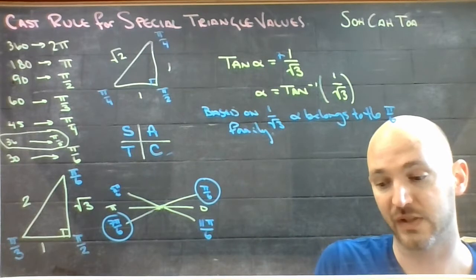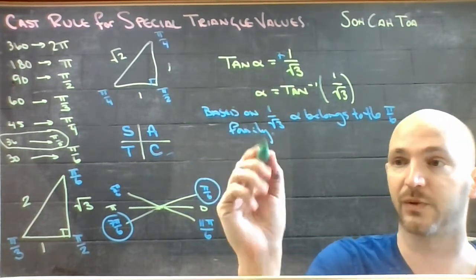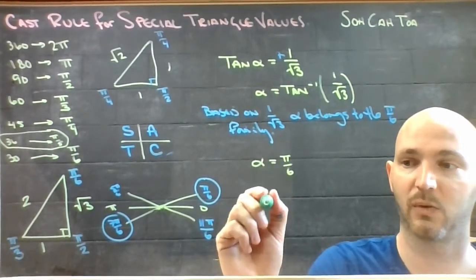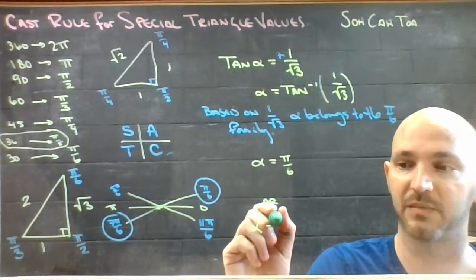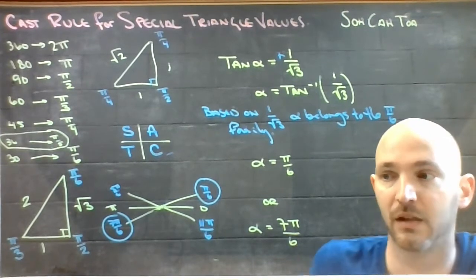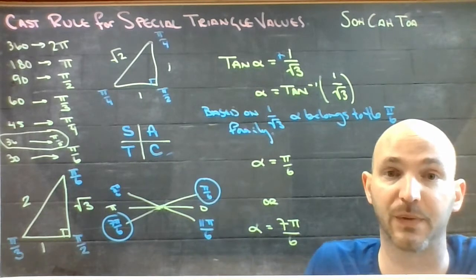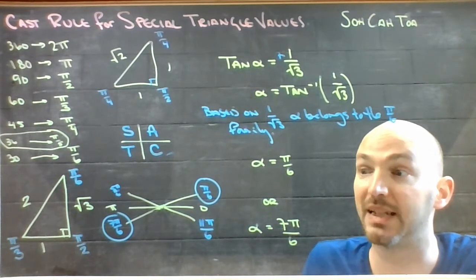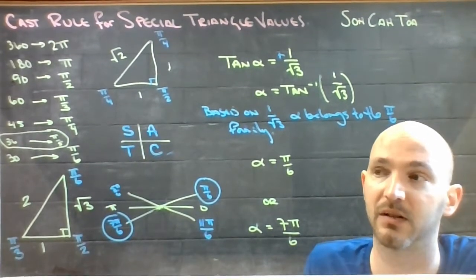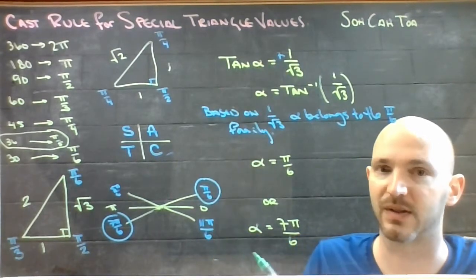So what I've deduced then is that for tan of alpha to be positive 1 over root 3, alpha has to be either pi over 6 or alpha has to be 7 pi over 6. If you tried to use 5 pi over 6, you would get 1 over root 3, but you'd get the wrong sign. It would be negative 1 over root 3 because tan ratios are not positive in this quadrant. Same thing with 11 pi over 6. You get the right number, but it has the wrong sign.